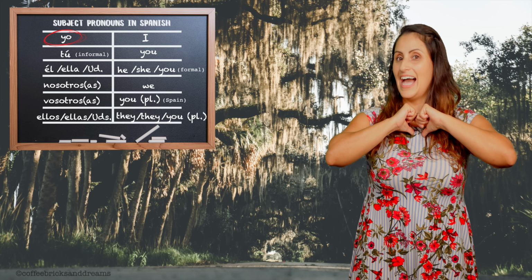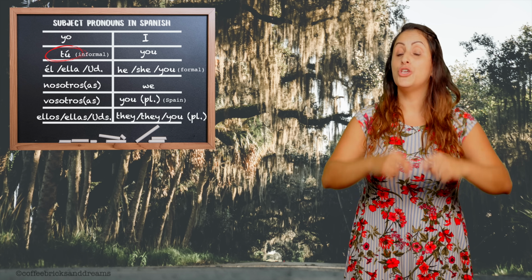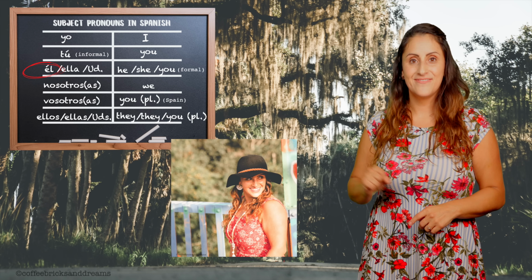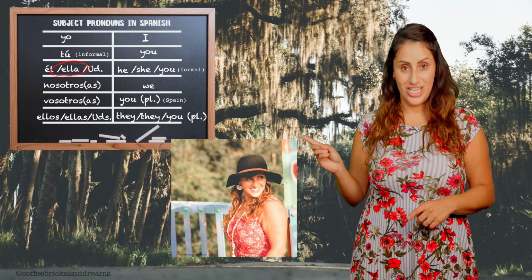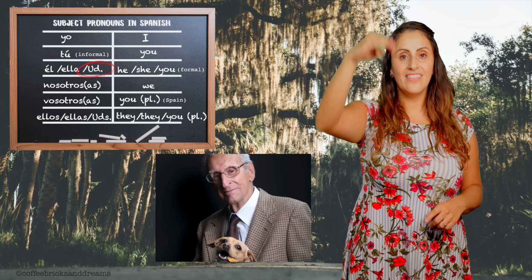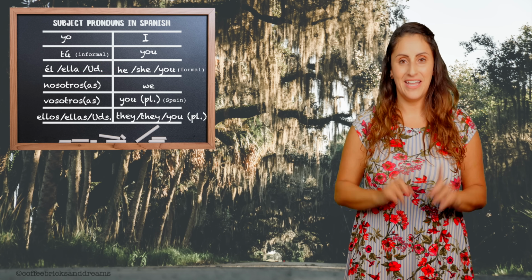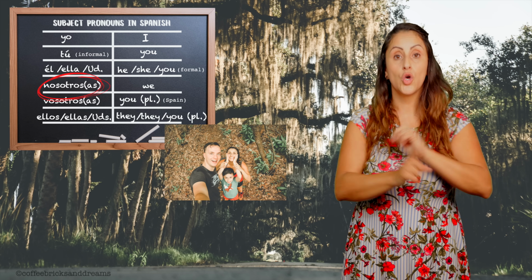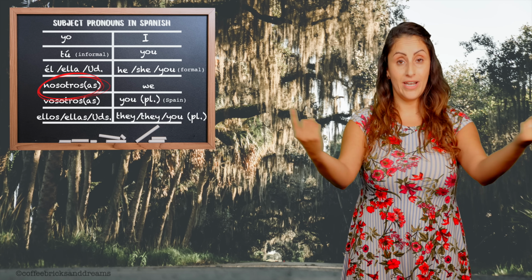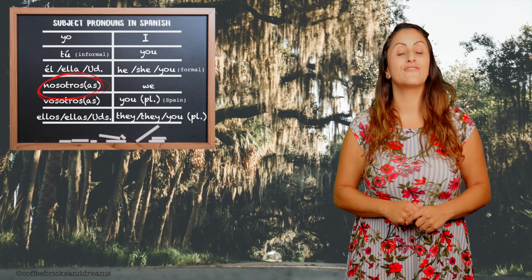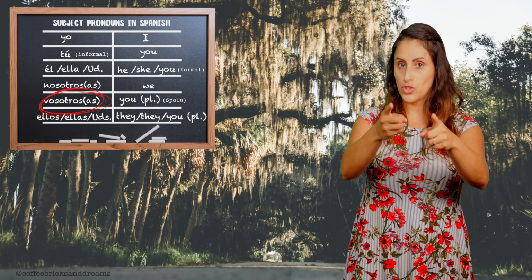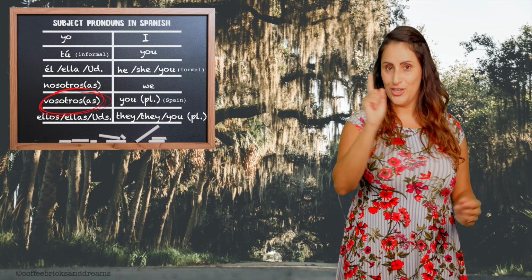Yo, I, tú, you, informal, él, he, ella, she, usted is you, formal, and again, they're all together. Then we have nosotros, we, or nosotras. Remember that you have to worry about gender there. In Spain, we use vosotros or vosotras for you guys.